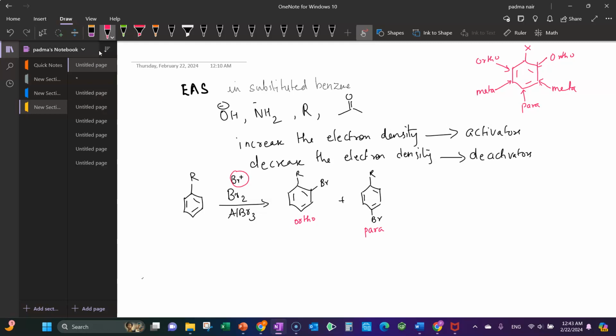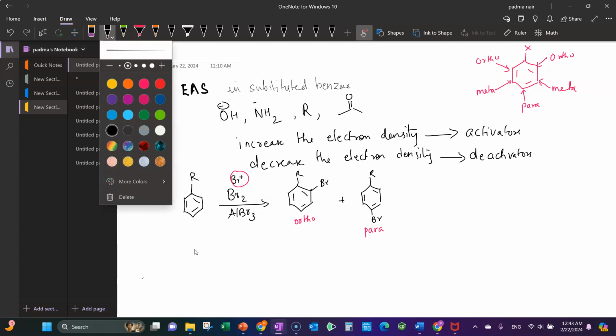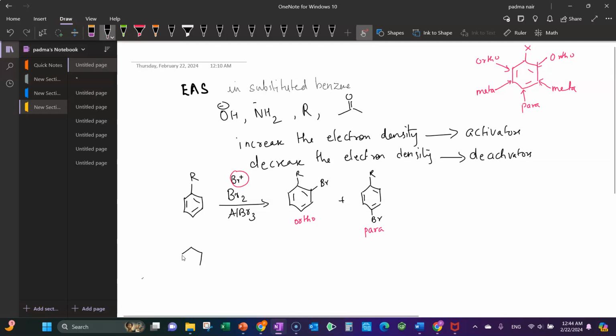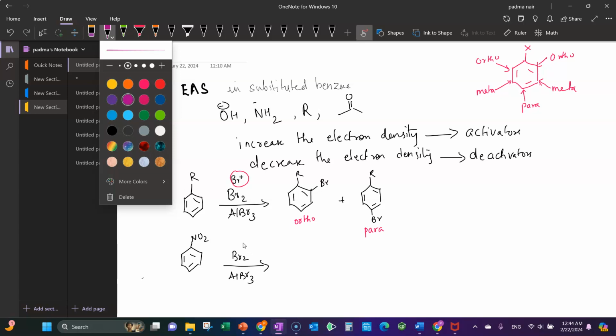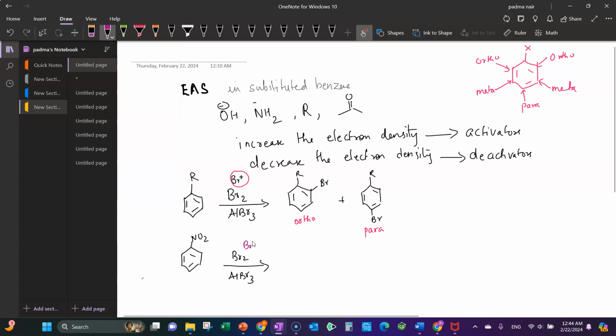On the other hand, if you have a benzene ring that is substituted with, say, for example, NO2, okay, and we perform the same reaction again, treat it with Br2 and AlBr3, this generates again my electrophile, which is Br+, correct? So Br+ is my new electrophile.